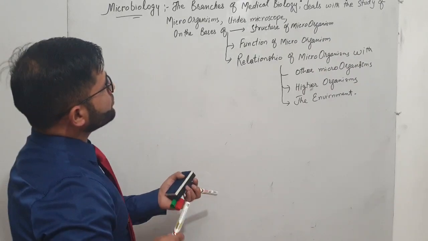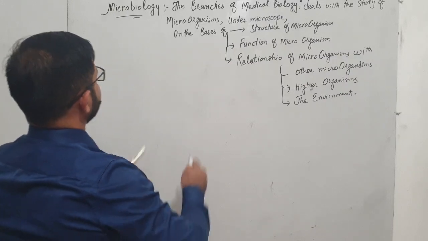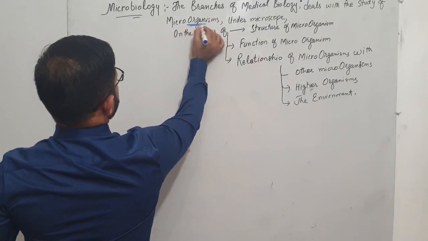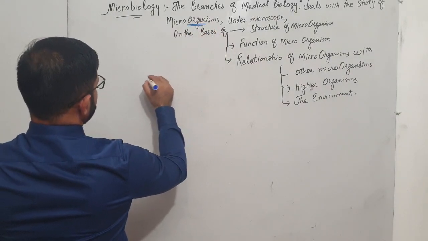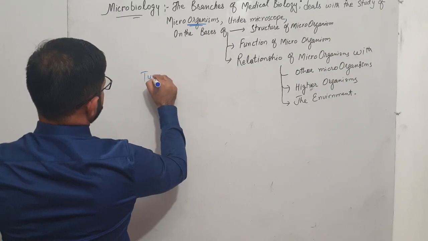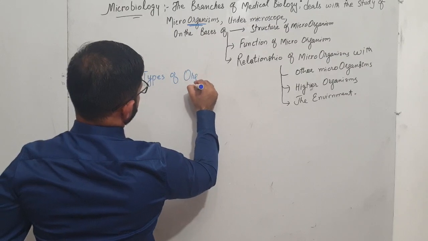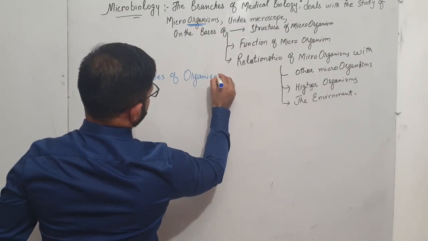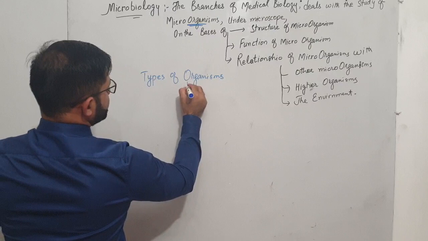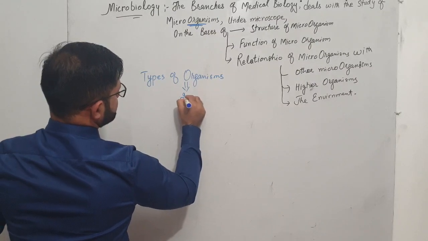Now, what are we going to study in this field? Organisms. Now, types of organisms. There are two types of organisms.